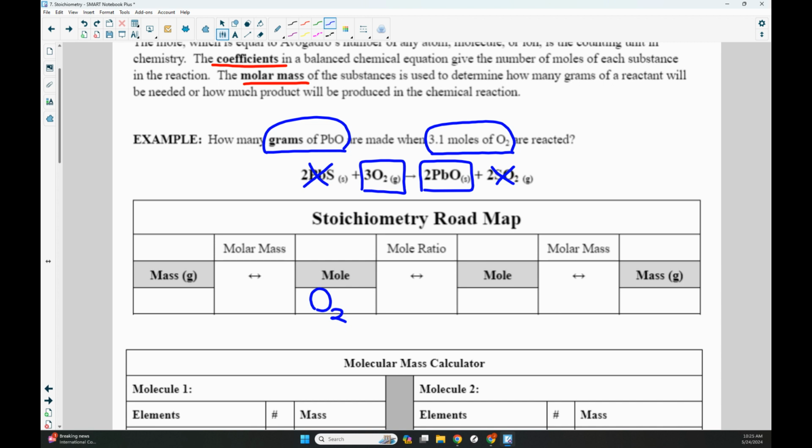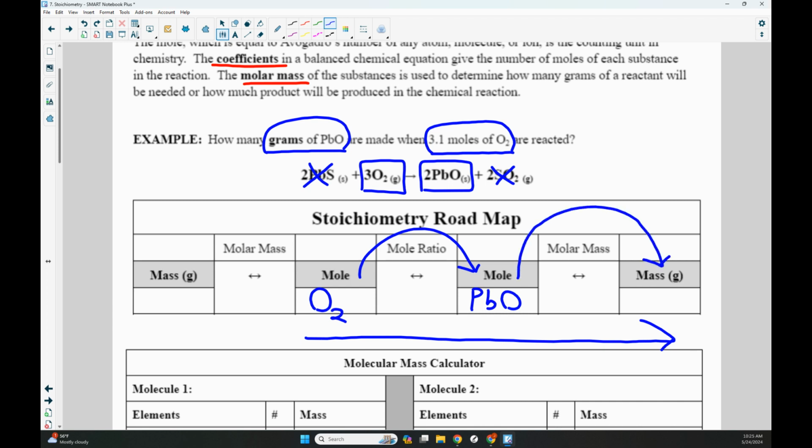So if we work our way left to right in our map, we're first going to have to convert from moles of oxygen to moles of lead oxide. And then we're going to convert from moles of lead oxide to mass in grams of lead oxide. So that's our basic plan, and you can refer to that as you go through the problem here.